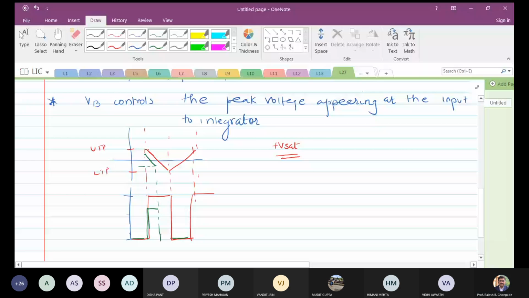Now, because this is the new value which is decided by VB plus VD here, and this value is decided by minus of VB plus VD. So in fact, you're not allowing the capacitor to charge for a longer time.